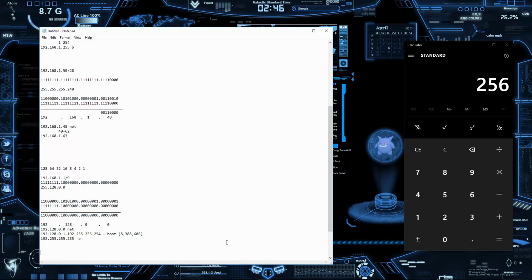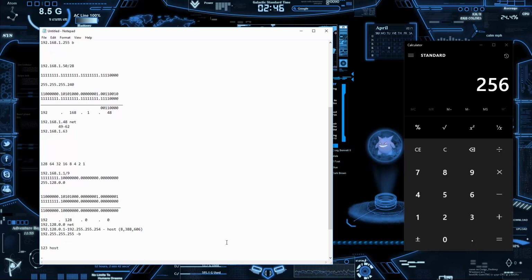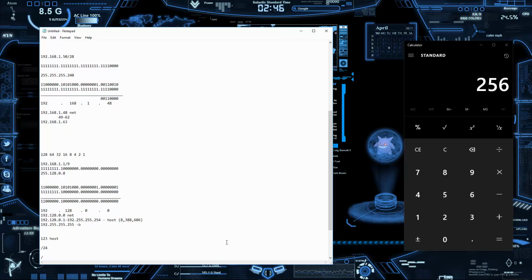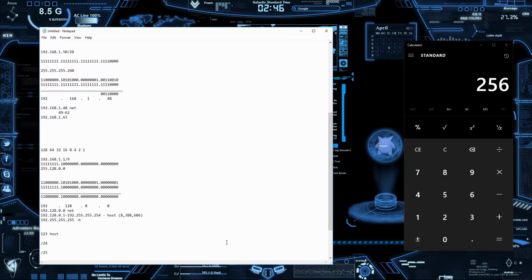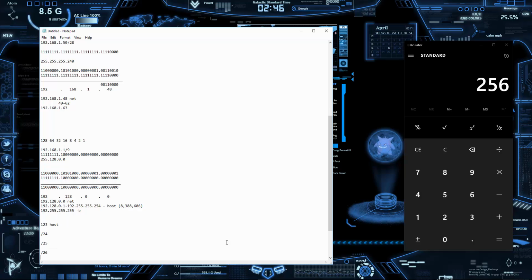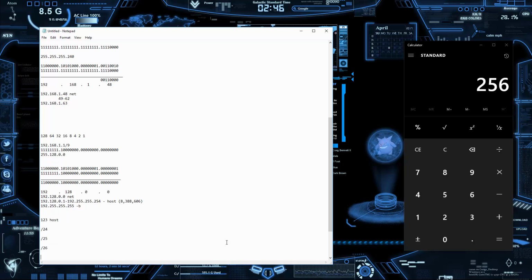For example, there are 123 hosts needed, and is it /24, /25, /26, whatever? Which one of these is right?